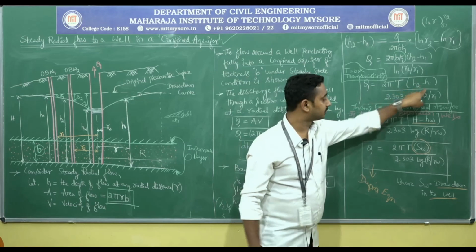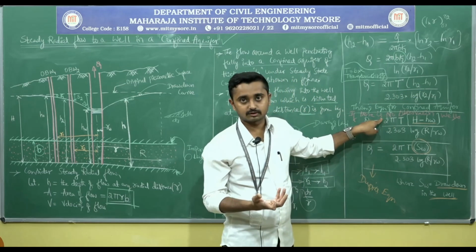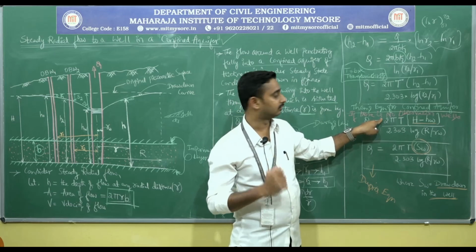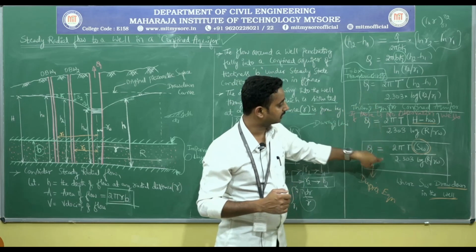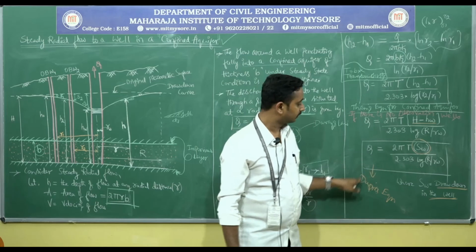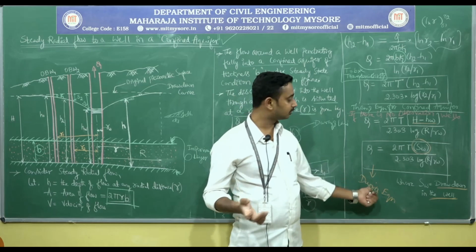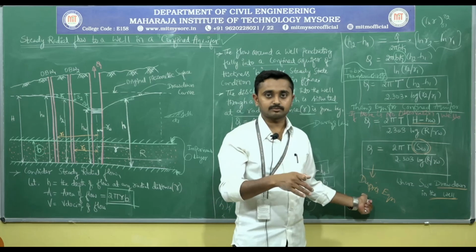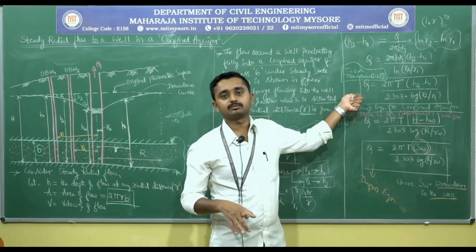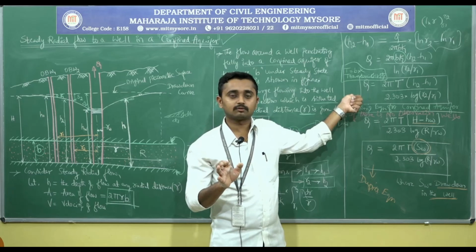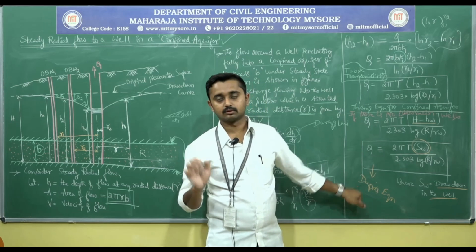If the terminologies are modified, with no observation well, the same equation becomes like this, which is Dupuit's equation. If there is an observation well, that becomes Thiem's equation. If there is no observation well, Dupuit's equation.